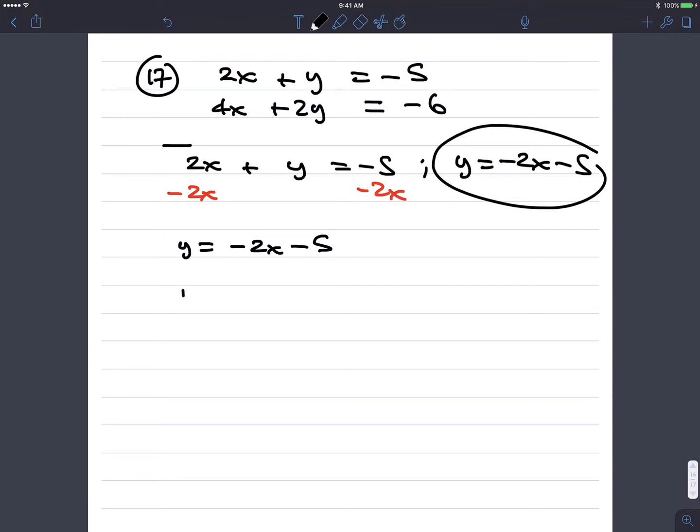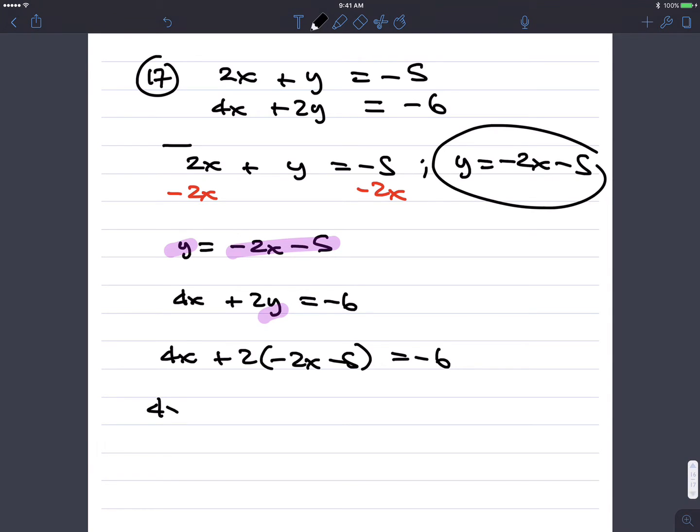That's our first equation. y is negative 2x minus 5. The second equation is 4x plus 2y is negative 6. Plug the first equation into the second equation by the variable y. 4x plus 2 times negative 2x minus 5 is negative 6. 4x minus 4x minus 10 is negative 6.